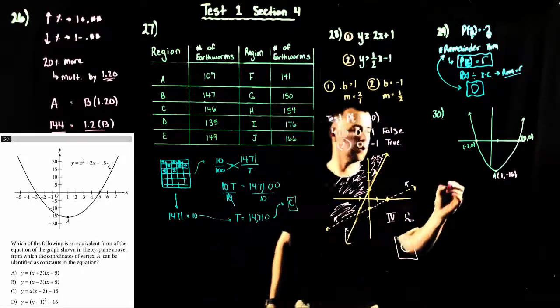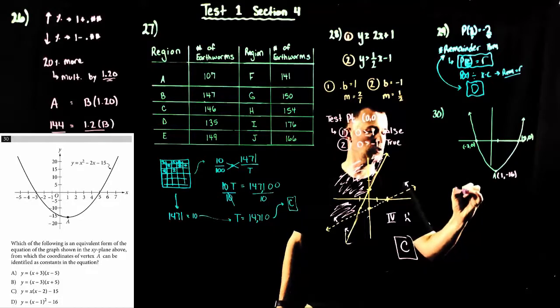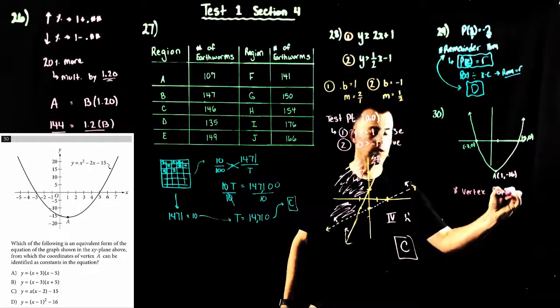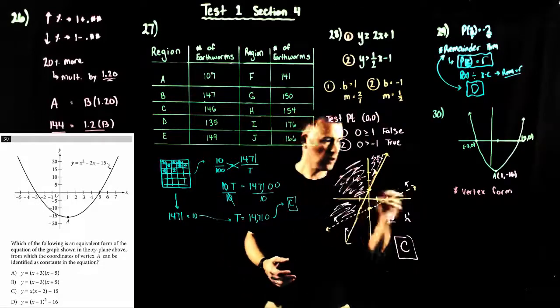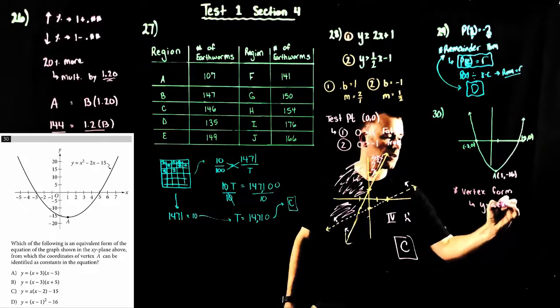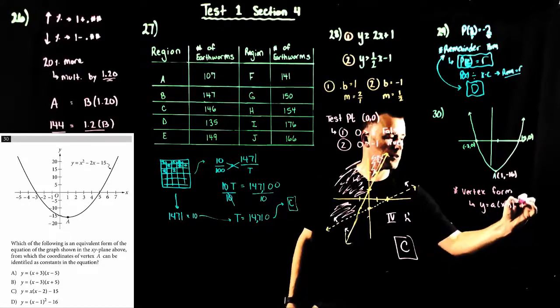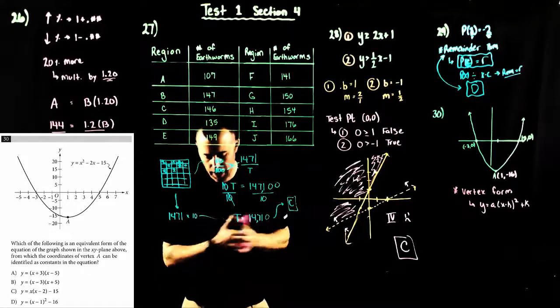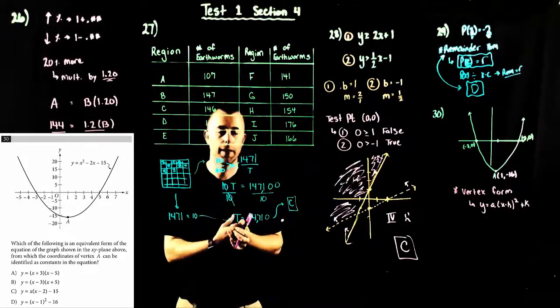What they're really trying to tell you in this problem is they want you to put it in vertex form, because that's the one that states the vertex. Vertex form is y equals a times x minus h quantity squared plus k. You may look at this and see, oh, answer choice A has the x-intercepts in it.